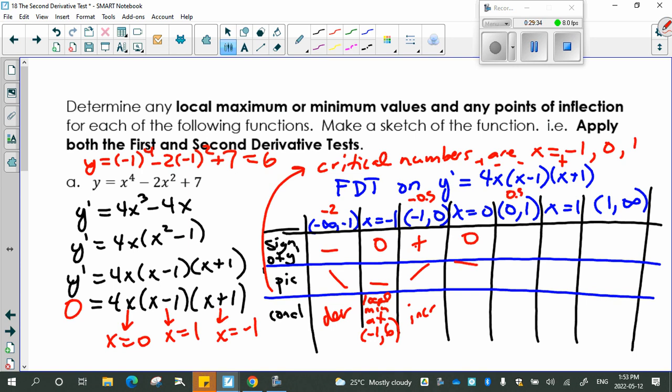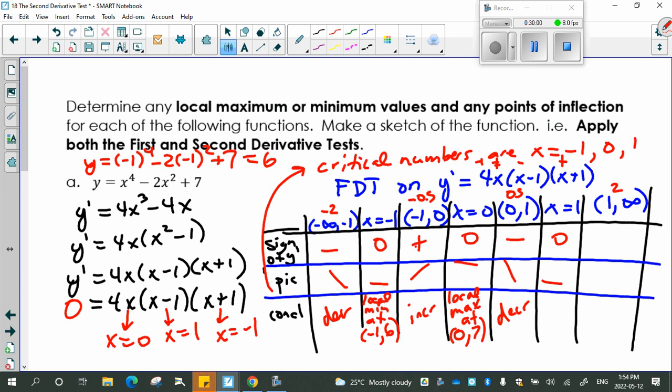Positive 0.5 here, so that's positive, still negative, so negative overall, decreasing, which means we have a local max at 0. Something you can do in your head. x equals 1, horizontal tangent again.